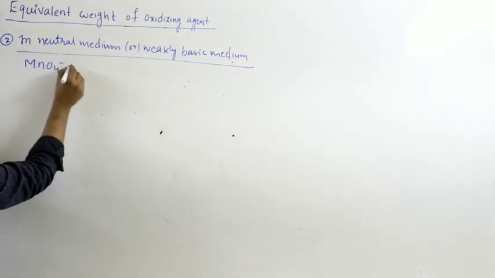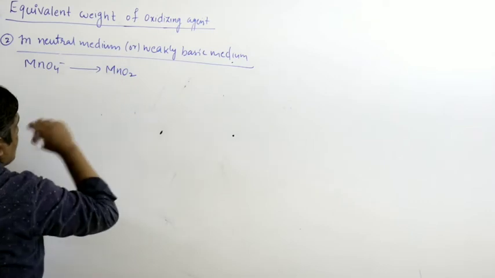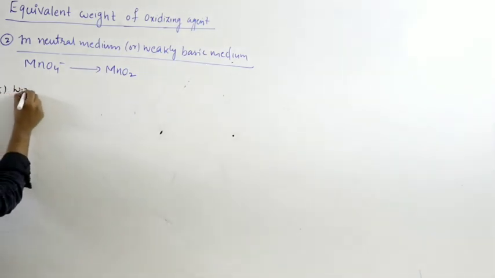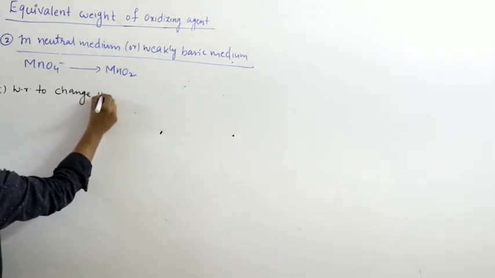So here MnO4 minus changes to MnO2. Let us find the valency of KMnO4 with respect to change in oxidation state.